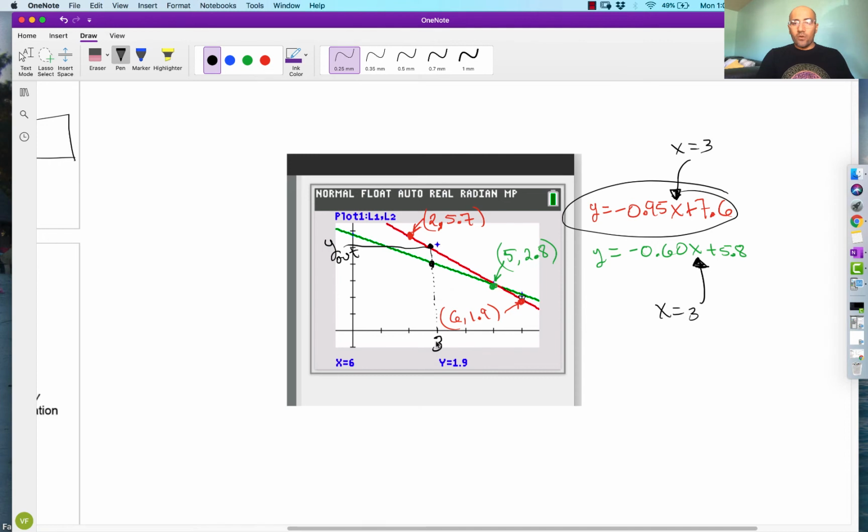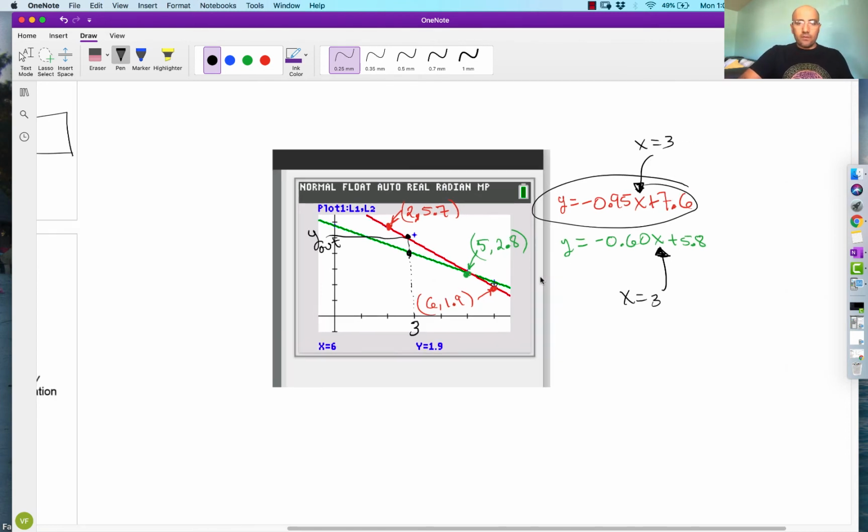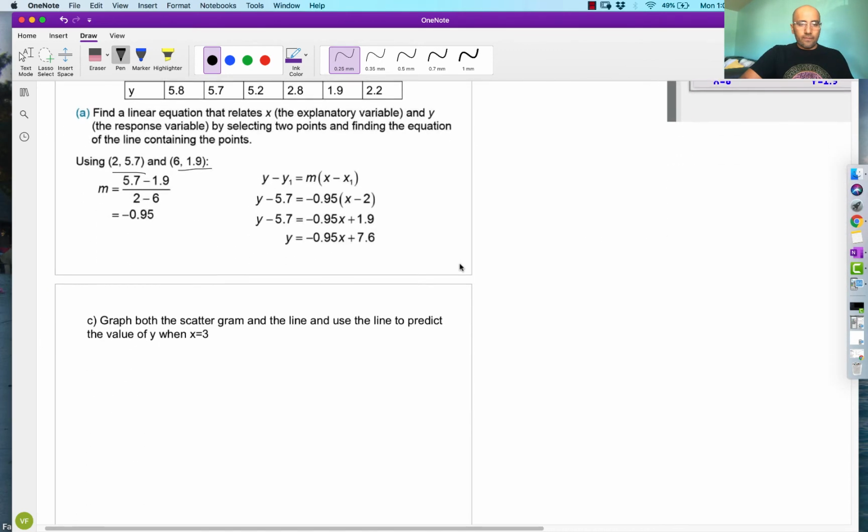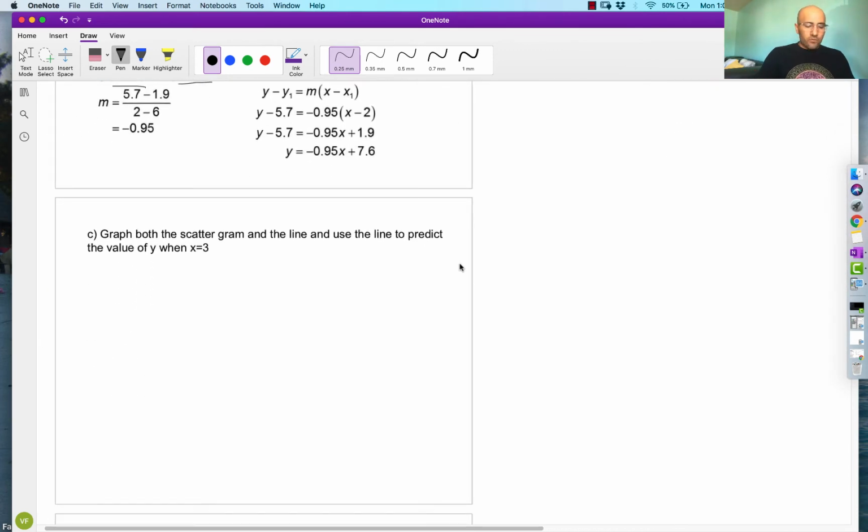Okay, so let's just plug 3 in there. When x equals 3, based on the author's guess, it means that y equals negative 0.95 times 3 plus 7.6.